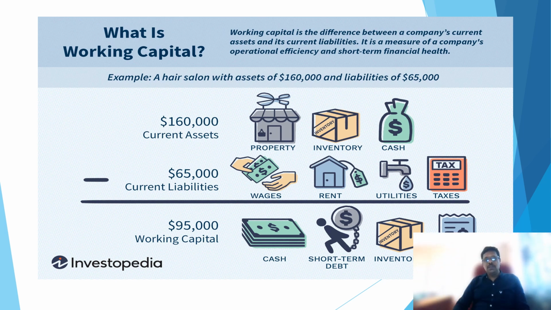Now you can see the current assets are $1,60,000 and the current liabilities are $65,000. So the working capital is $95,000. Working capital may be in cash, short-term debt, inventory, advance payment, or a combination of these.